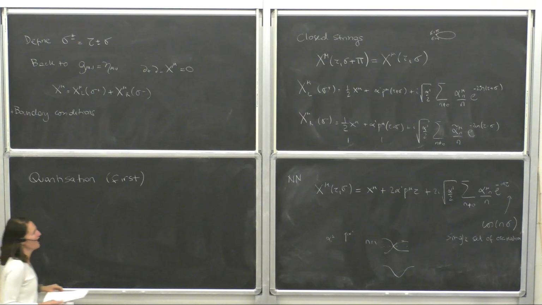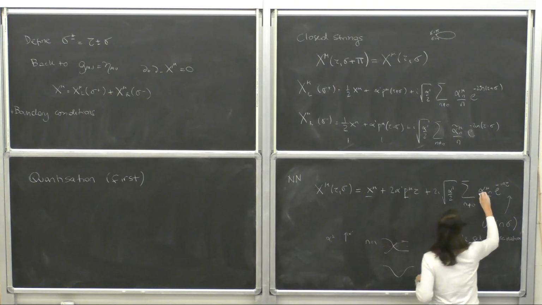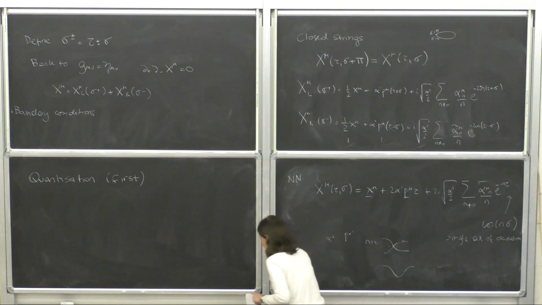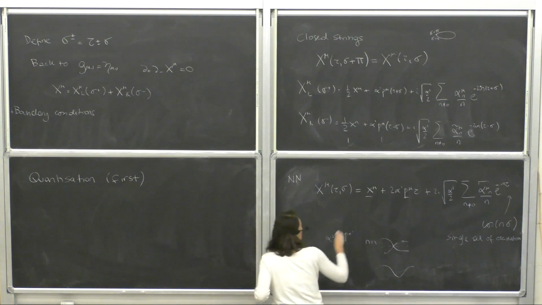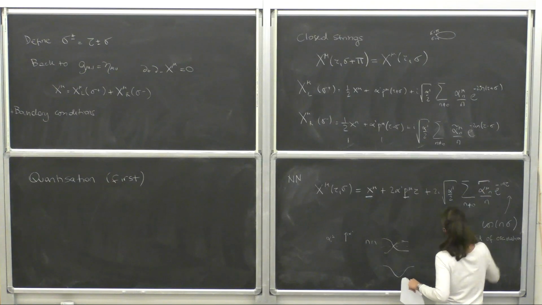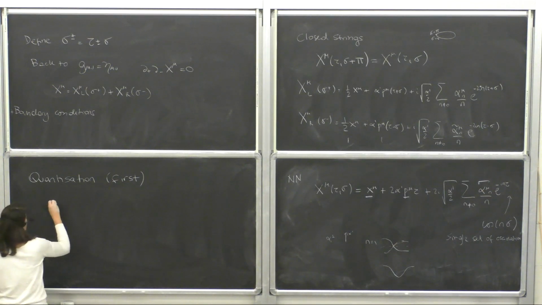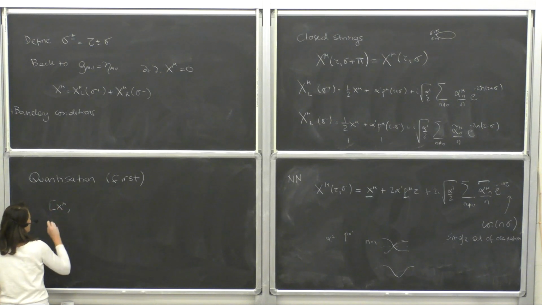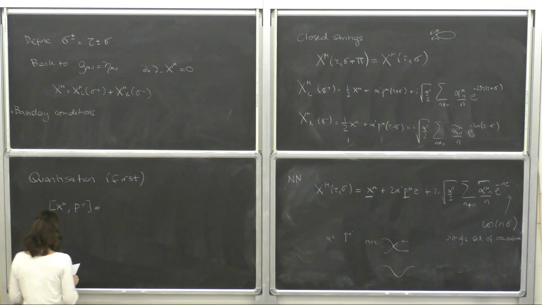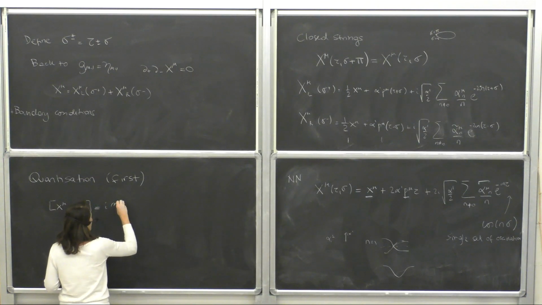So quantization, what does it mean? We're going to promote this, and this to operators. So all the blue things to operators. And they will be such that x mu p nu, this is, well, an h bar that we put to 1, I eta mu nu.